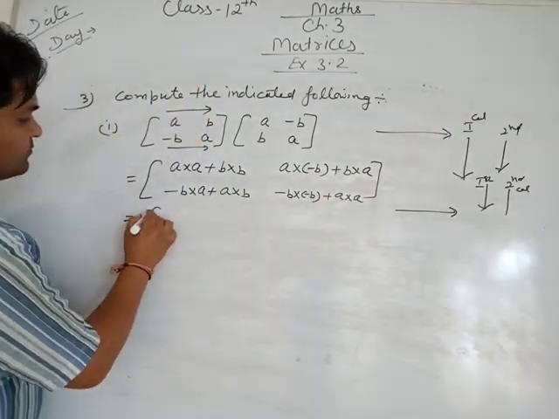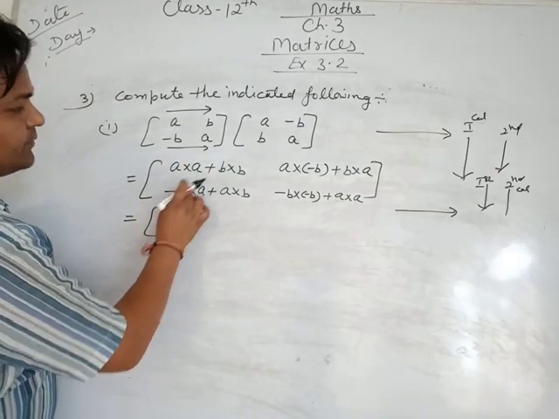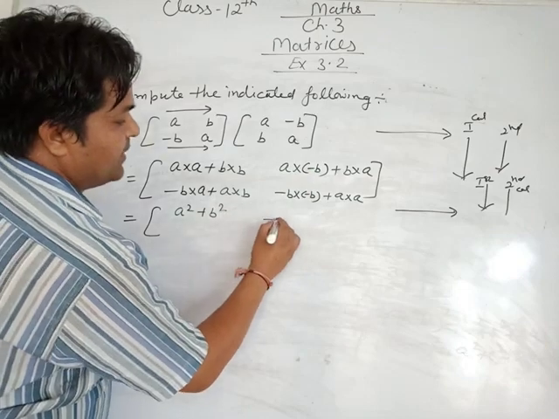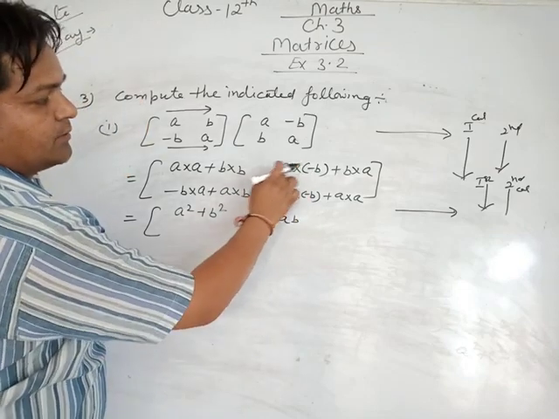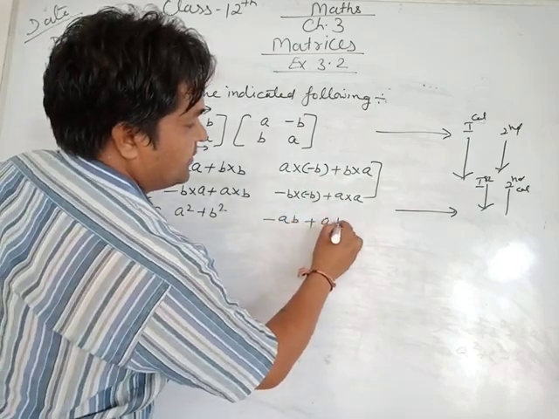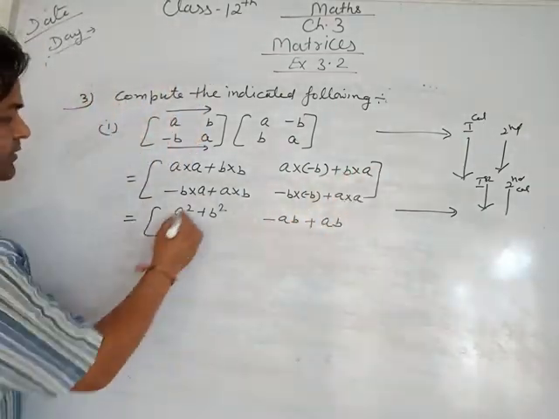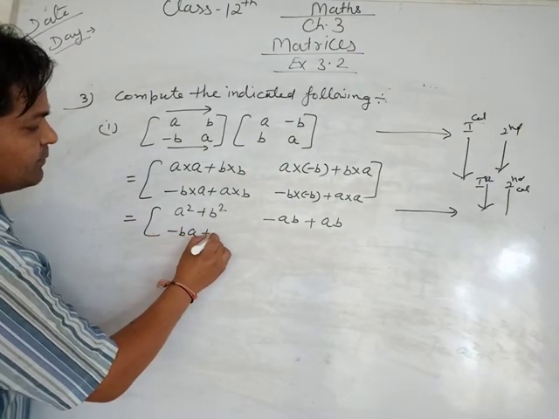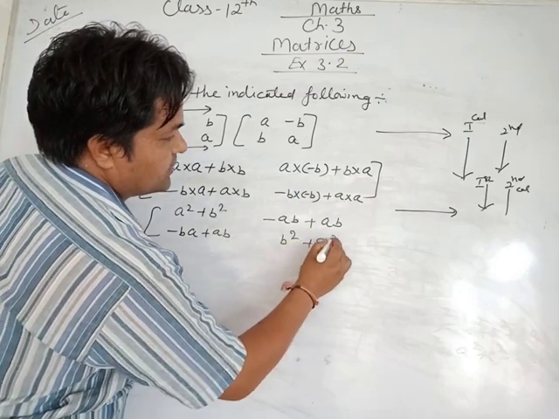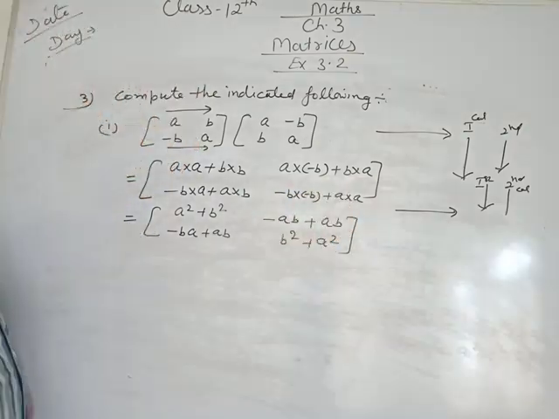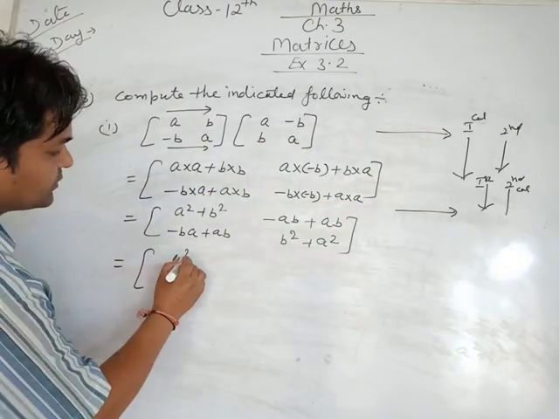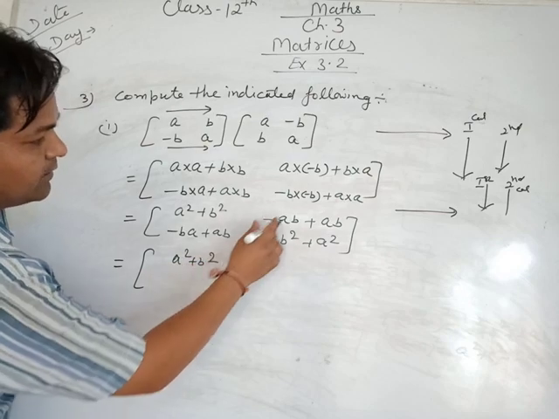Now the answer is A multiply A, A square plus B square, here minus AB, because plus minus minus, A multiply B equals AB, plus AB. Similarly minus BA plus AB, and here minus minus plus B square plus A square, because if we multiply A by A then A square, again the answer is A square plus B square.